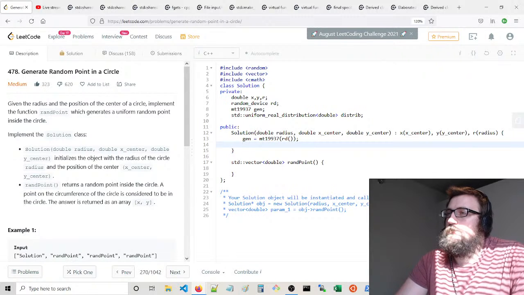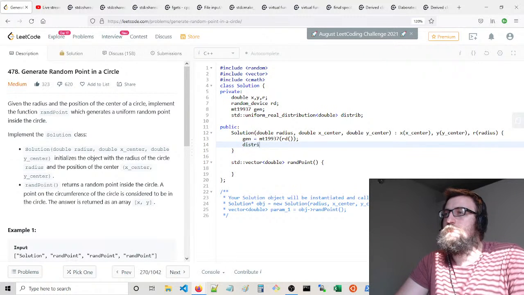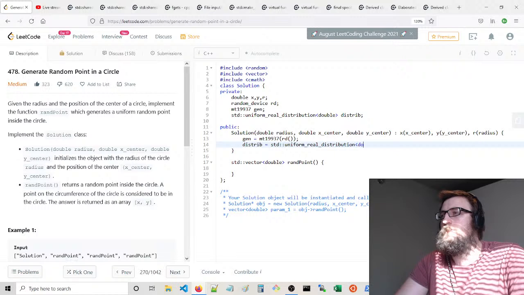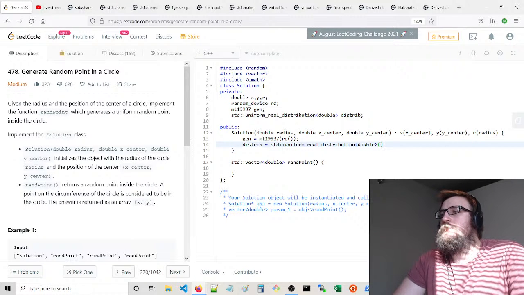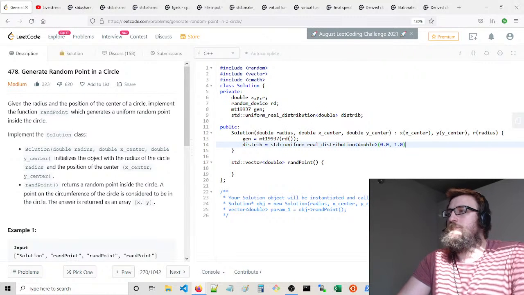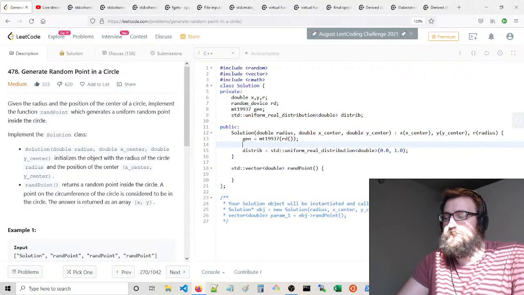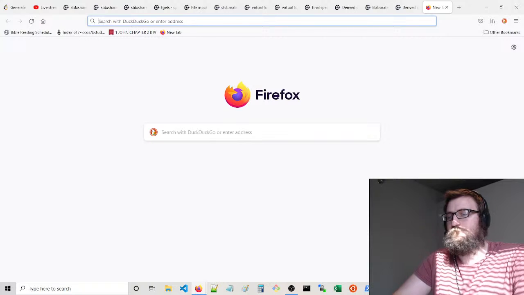And then our distribution is going to be a standard uniform real distribution object, double. Yeah, double, and this is actually going to be from 0.0 to 1.0, and we also need to do the nextafter, as it's called.